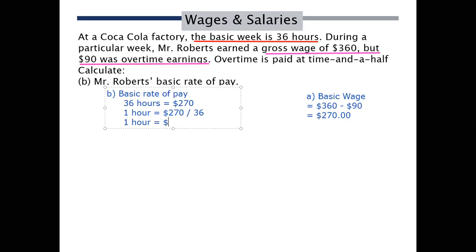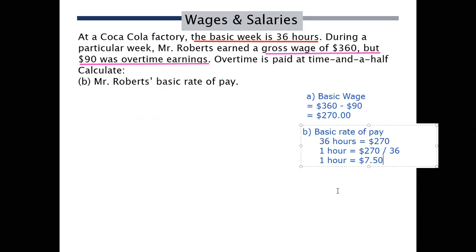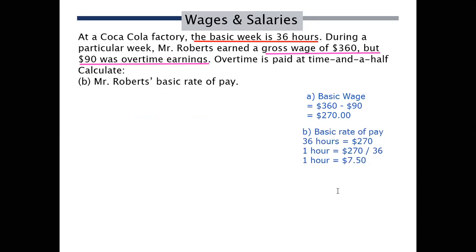So for 1 hour of work, he's going to get paid $7.50. And really all that was just me working backwards from the concepts I would have gone over in the previous question.